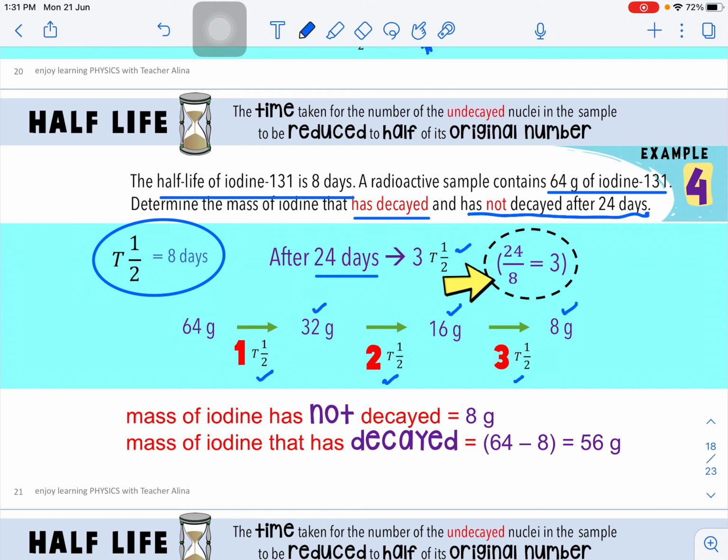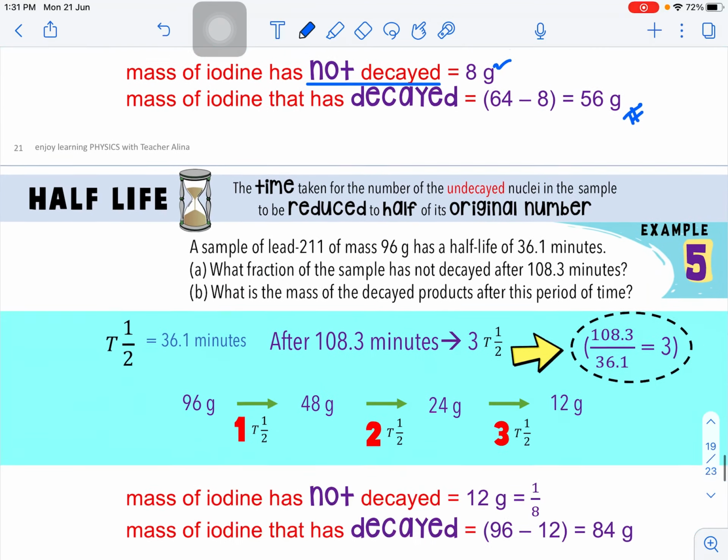The mass of iodine that has not decayed is 8 gram, while the mass of iodine that has decayed is the initial mass, 64 gram, subtract the mass that has not decayed, 8. So the mass that has decayed is 56 gram.